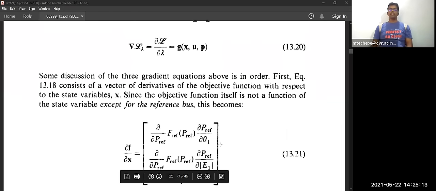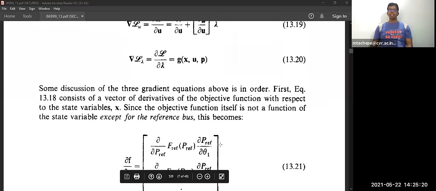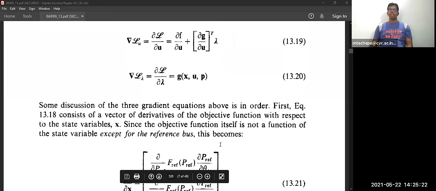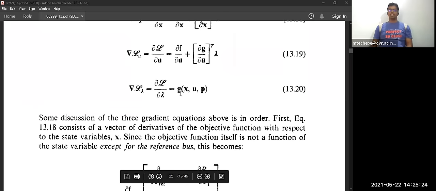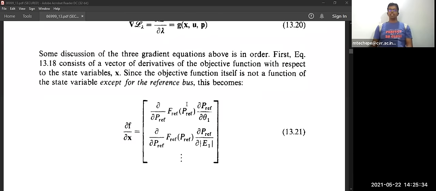Okay, so here we have to calculate dou f by dou x. Dou f divided by dou x is nothing but, that is a vector. That is the vector we already framed, that is nothing but dou divided by dou p reference, f of p reference into dou p reference divided by dou theta 1.